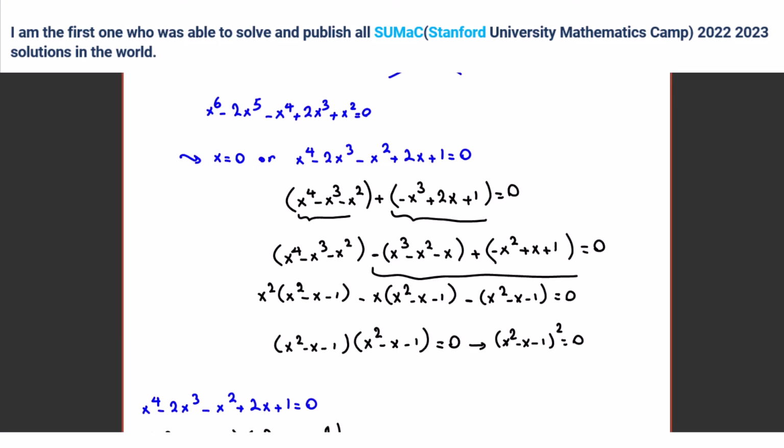Could I use calculus to do this? No, you don't need to. Because here the quadratic formula applies and you find x. X is 0 or the 2 roots of this quadratic equation. We have 3 roots.